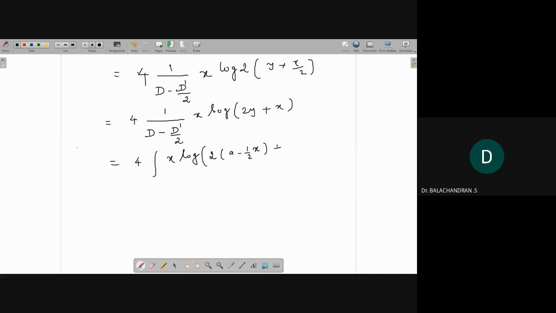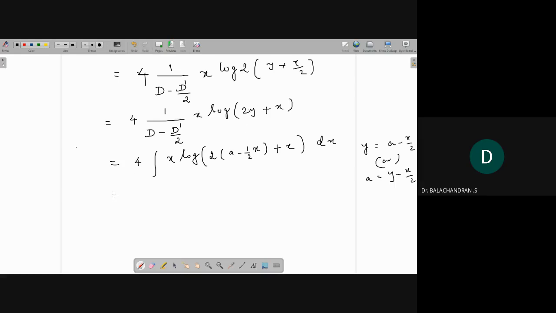Plus x into dx. So you should replace y equal to a minus x by 2, or a equal to y minus x by 2. So if you replace like this, you'll get the same function 2y.